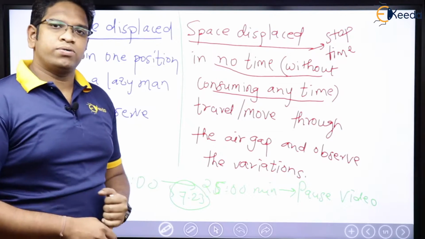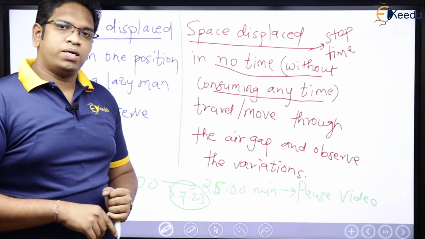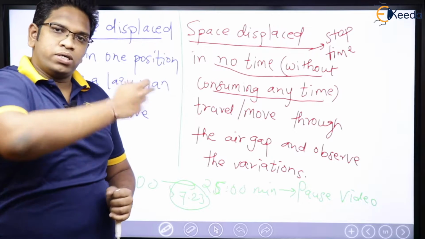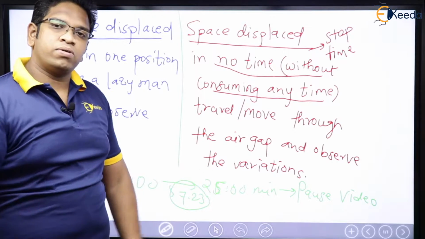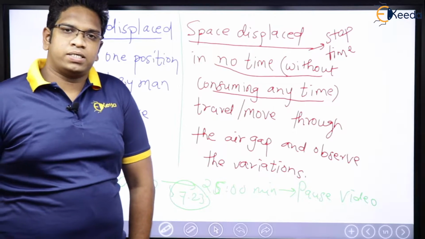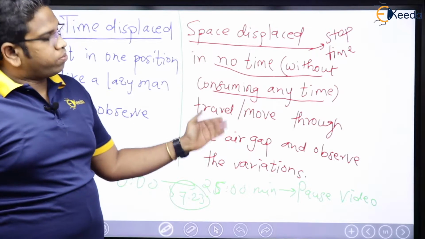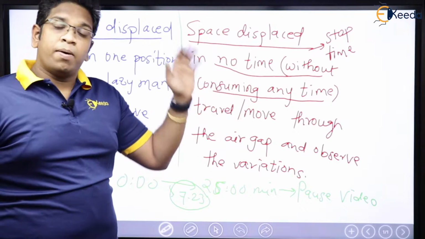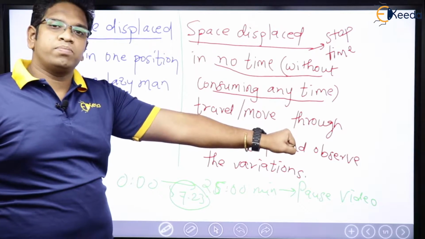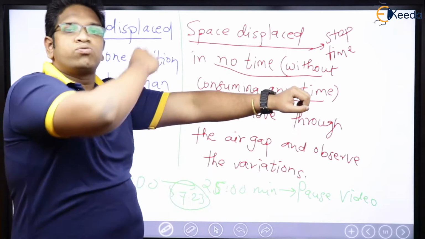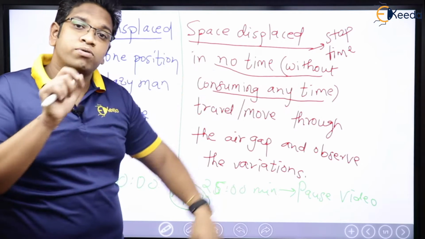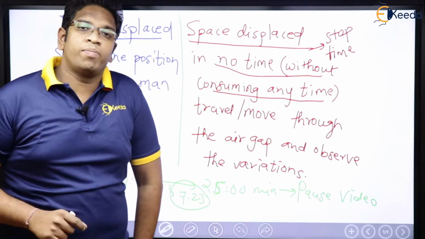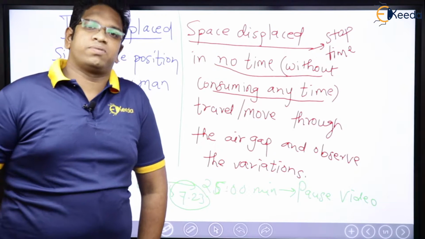You will stop the video, you will stop the time, and then observe the variations on the board, and then note them down in your book. Alright, so that is nothing but space displaced. So in no time, or we can say by stopping the time, if you move throughout the air gap and you observe some variations, then those would be called as space displaced.